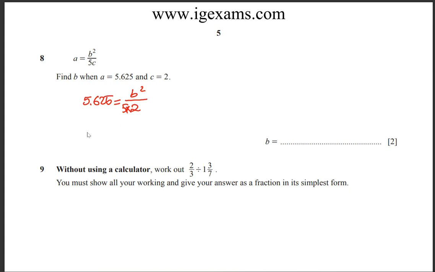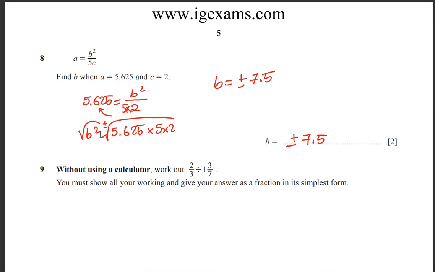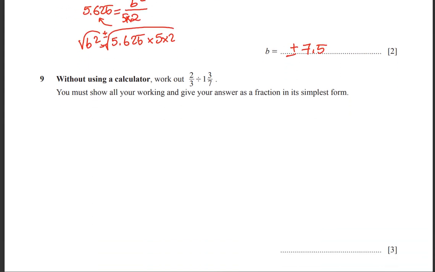Okay, so B squared equals this, which will jump up here by multiplication, and then get the square root of all of this. So B will be equal to positive or negative. You can do it directly with the calculator. 7.5. Don't forget the positive or negative whenever you take a square root like this, positive or negative.